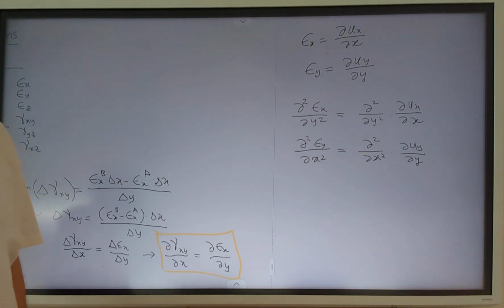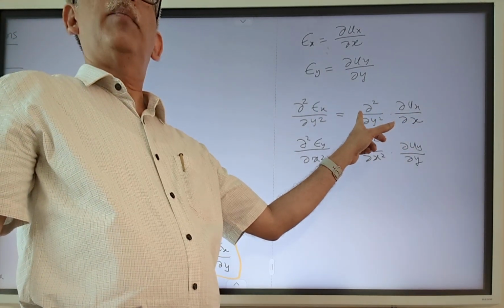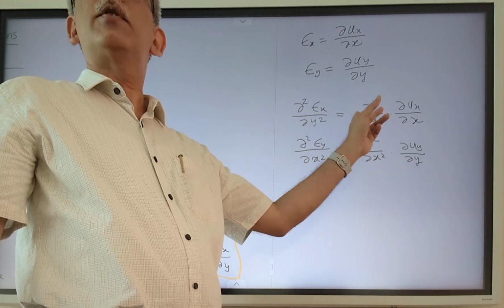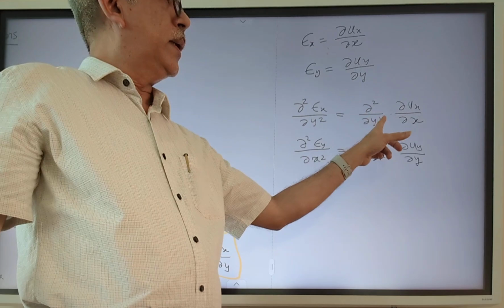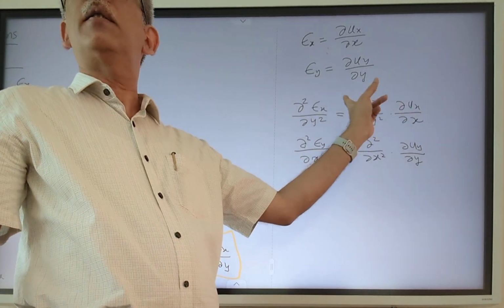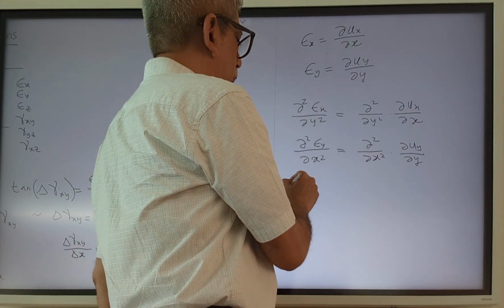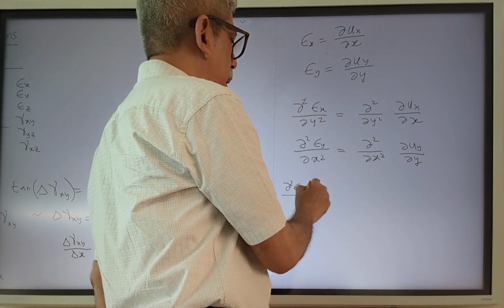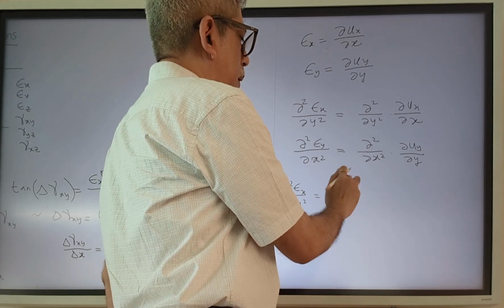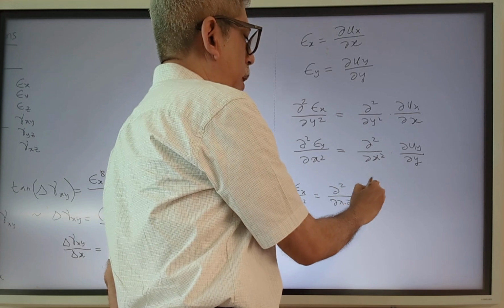That is the relation. On the right hand side, the partial differentiation operator is commutative, which means you can change the sequence. Before taking partial x, you can first take partial y. So we can interchange the sequence of the operators, and we can write the first equation as partial square epsilon x by partial y square equal to partial cube ux by partial x partial y square.